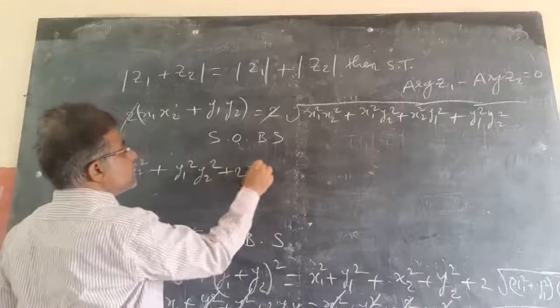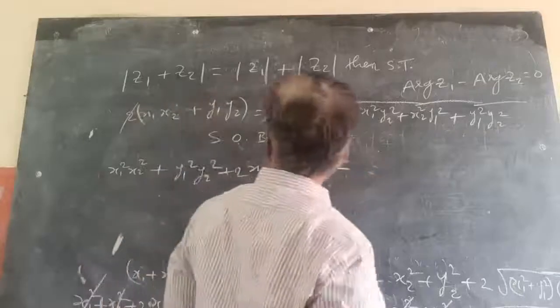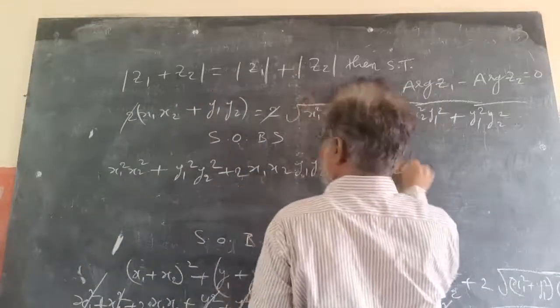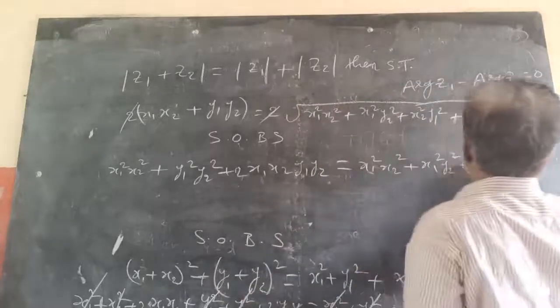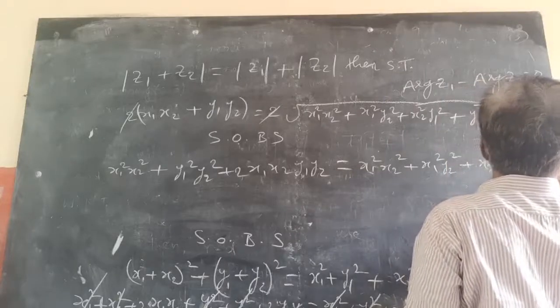It becomes x1 square x2 square plus y1 square y2 square plus 2x1 x2 y1 y2, using the a plus b whole square formula, equal to x1 square x2 square plus x1 square y2 square plus x2 square y1 square plus y1 square y2 square.